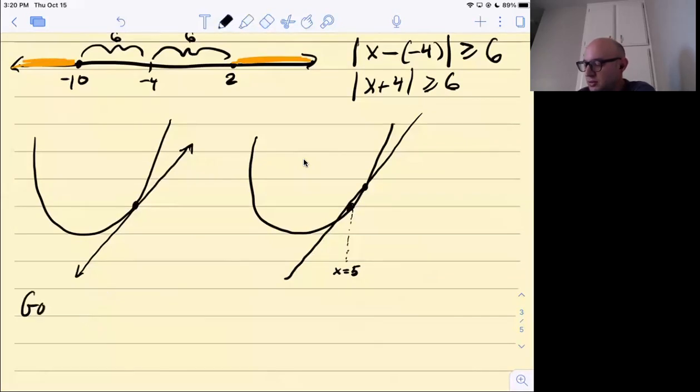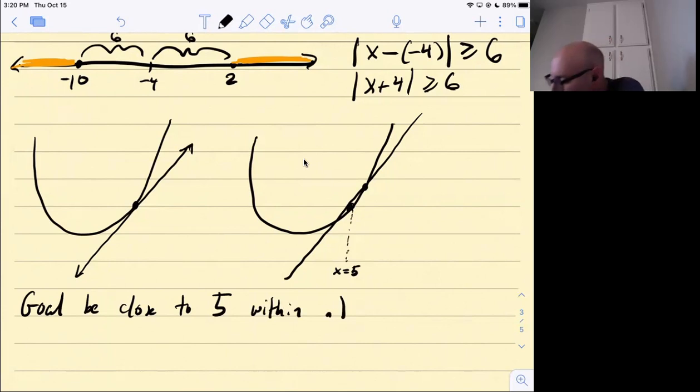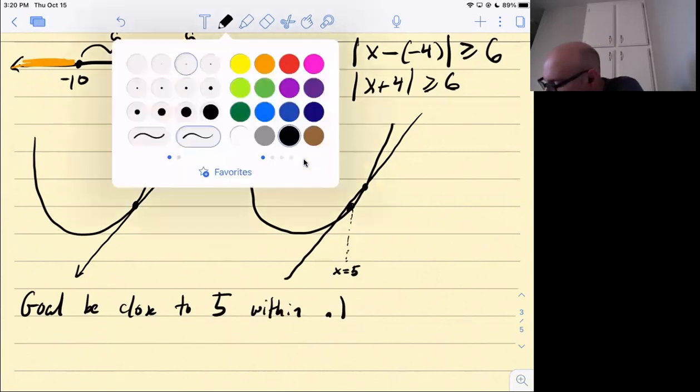So the goal is to be close to 5. What two numbers are really close to 5 within 0.1? I want to be somewhere super, super close to 5.